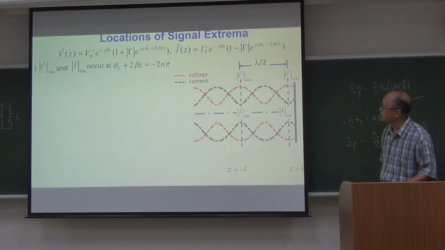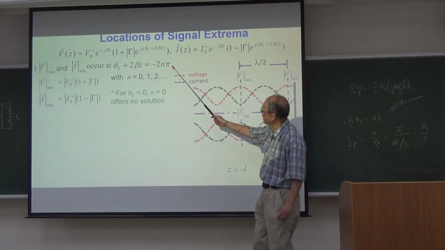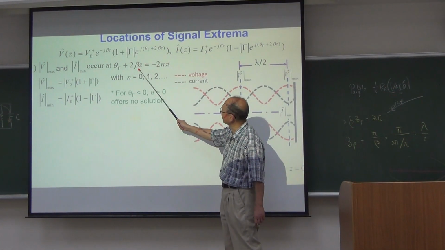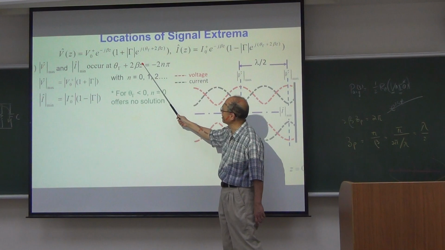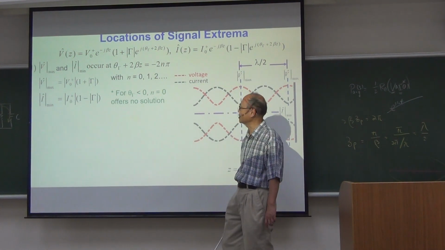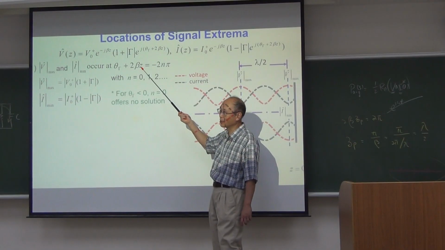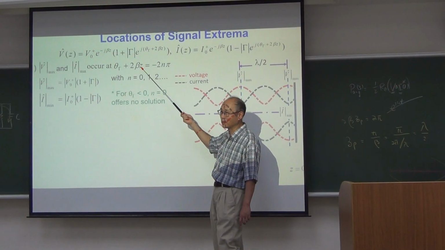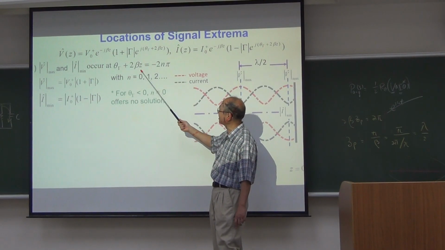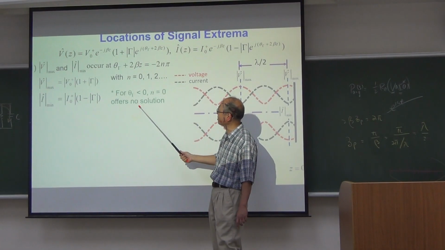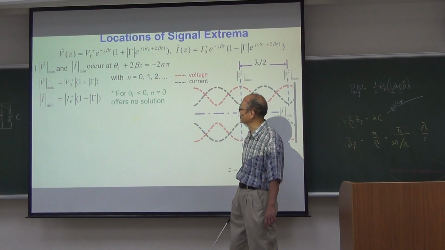So from this formula, you can calculate the location of the maximum point of the voltage. And because the maximum point of the voltage corresponds to the minimum point of the current, the same location applies for the minimum point of the current.